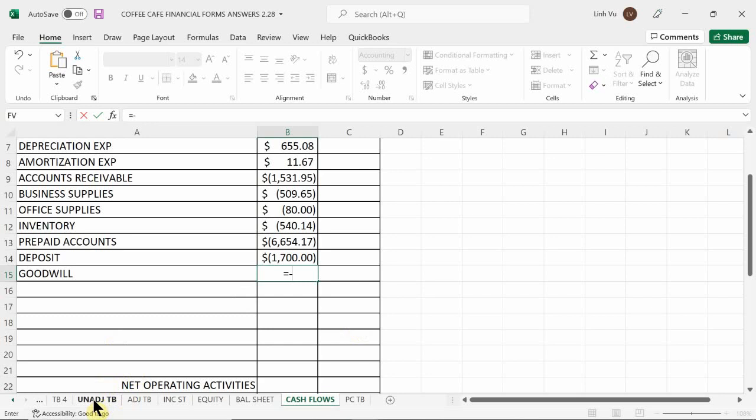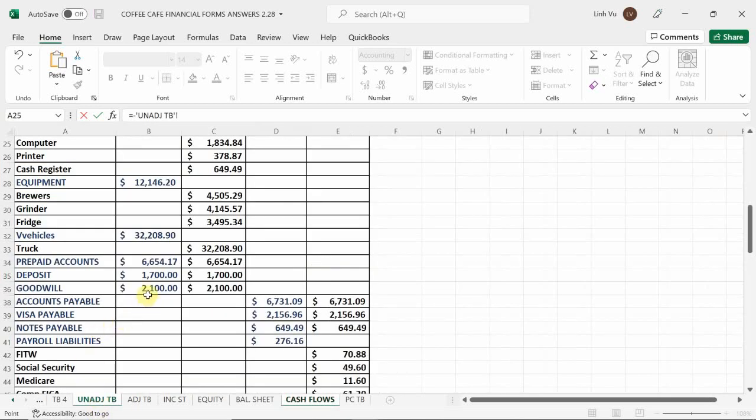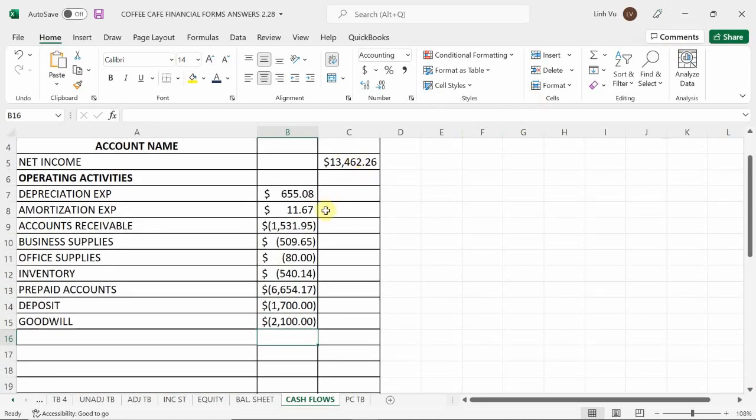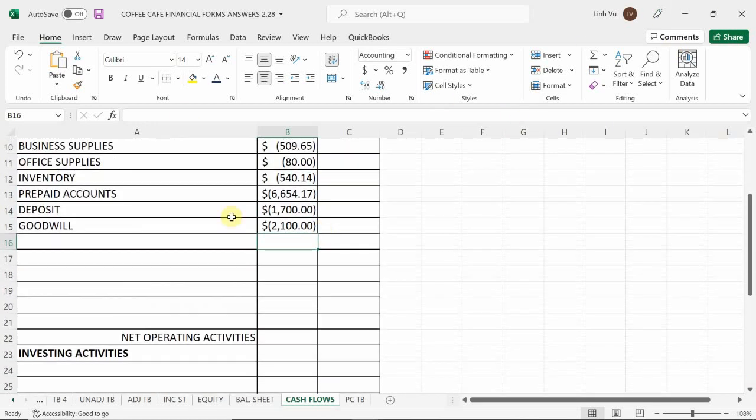I purchased a pre-existing business, so I've already spent the cash of $2,100 in order for me to buy my business, okay? So these are all things that you're going to subtract out from your net income, okay?